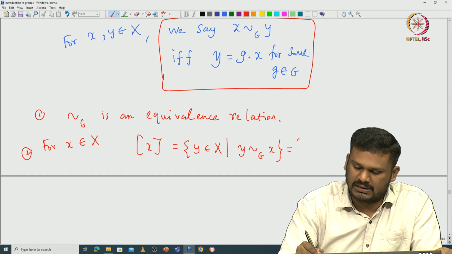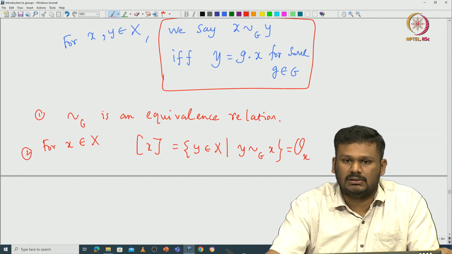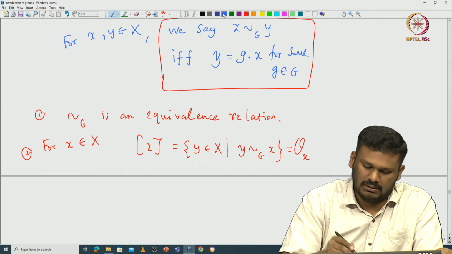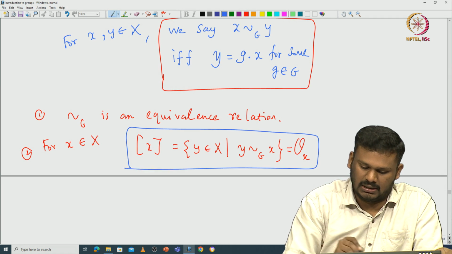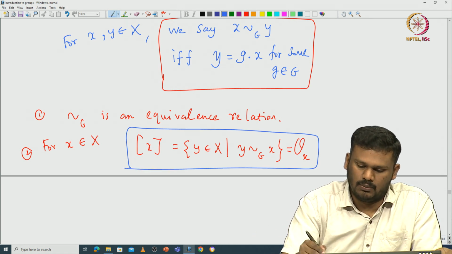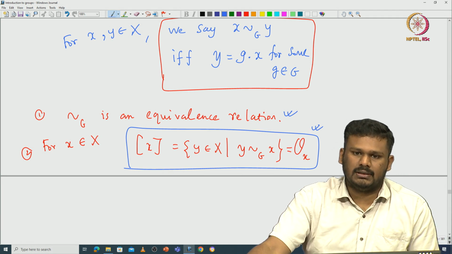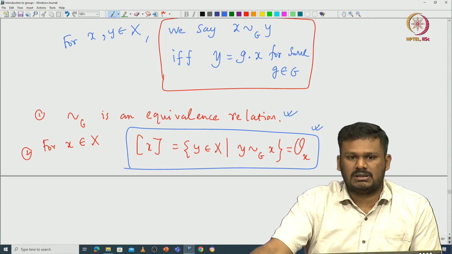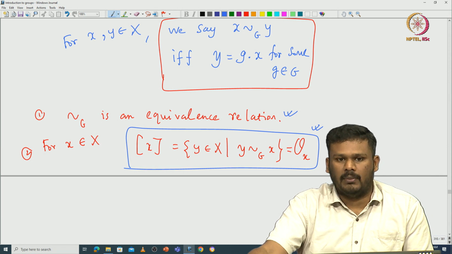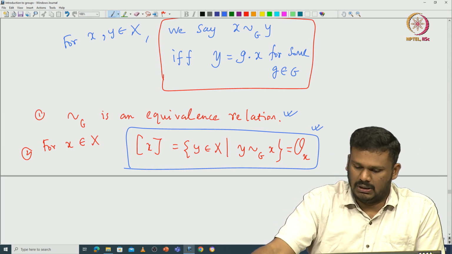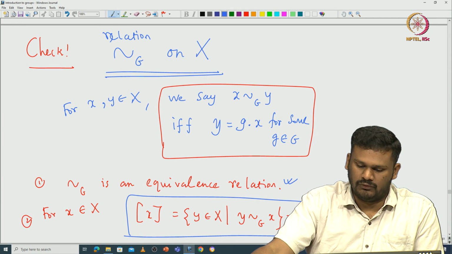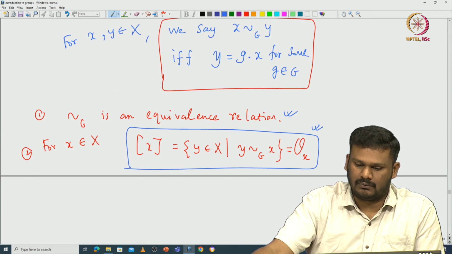That is exactly the orbit of x. You can check this directly from the definition. Both are easy to check, so I will leave it to you. In particular, since equivalence classes form a partition, the set of orbits gives you a partition of capital X.